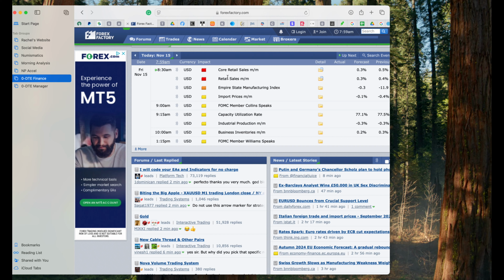So we have core retail sales and retail sales. Both are highly impactful reports. They're probably mid to high tier in terms of the amount of energy that I would expect them to bring in. I will put a link down below for my database of economic reports, and you can take a look at that. And Empire State Manufacturing.